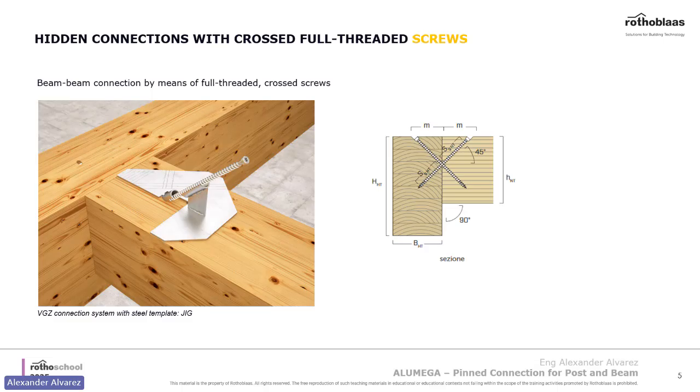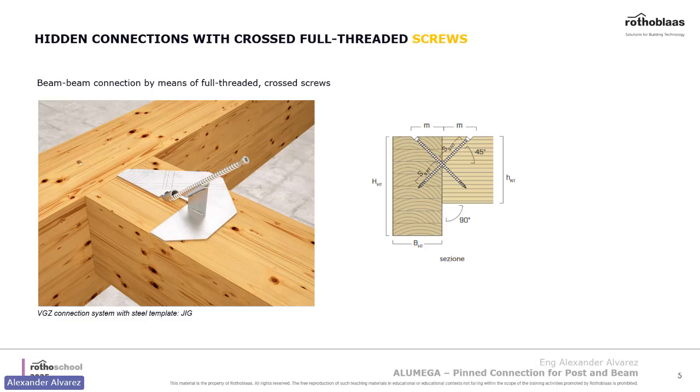It slides right in and leaves a very clean hole, so it's easy to cover up with a wood cap. Our VGZ is also really strong in shear. For example, in the picture on the right, we have cross screws: two screws inclined in two directions, one into the main beam or column, and the other into the secondary beam or the joist.